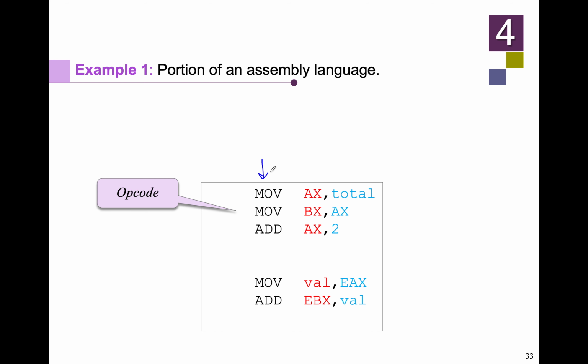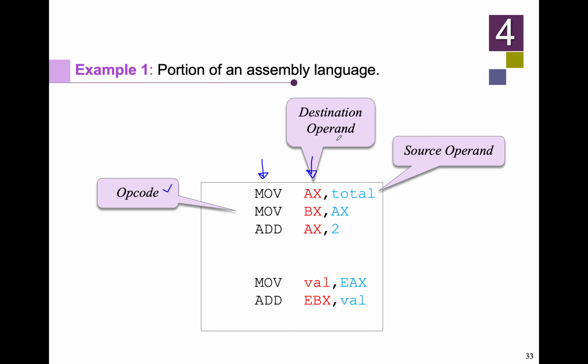On your left column, you can see this is your opcode, your operation code, and this part is your destination. It's still an operand. Another one is also an operand, but this one is the source.